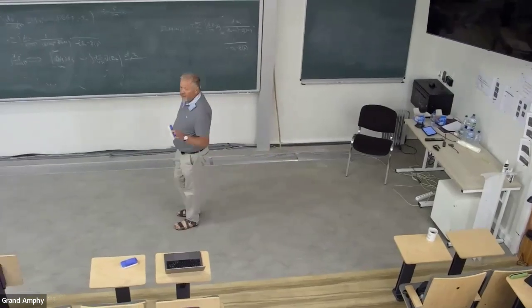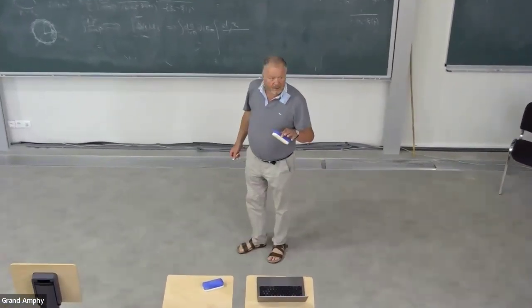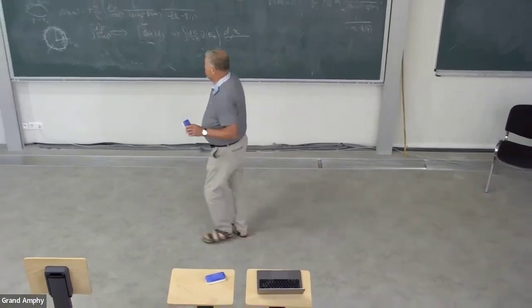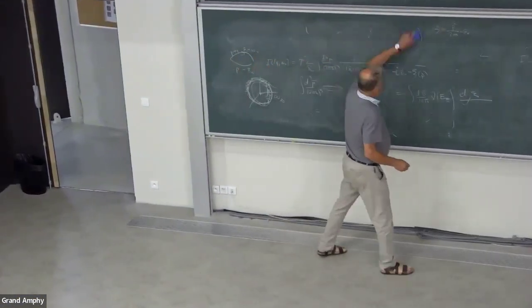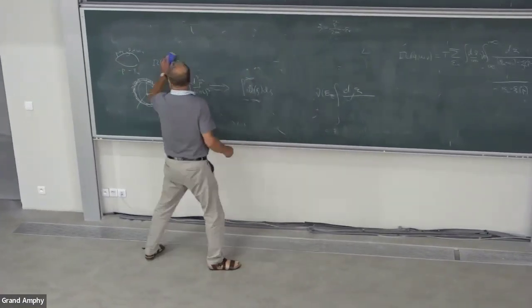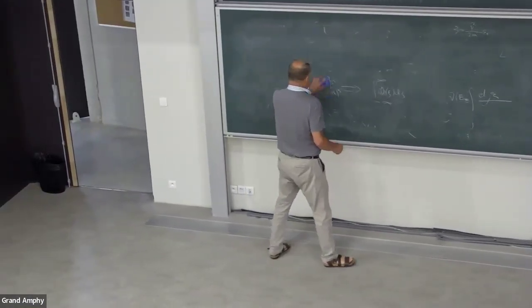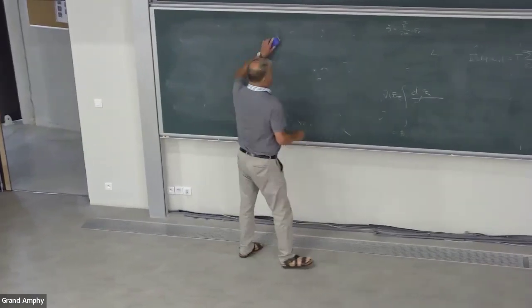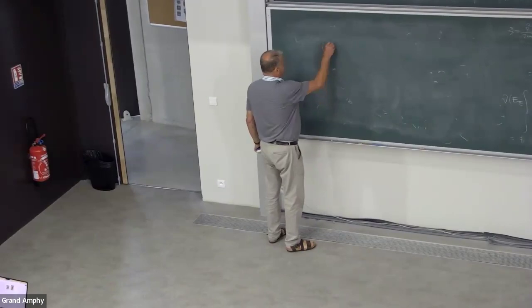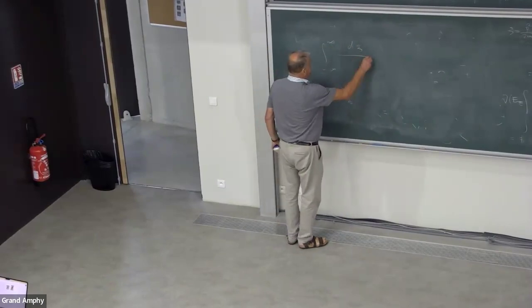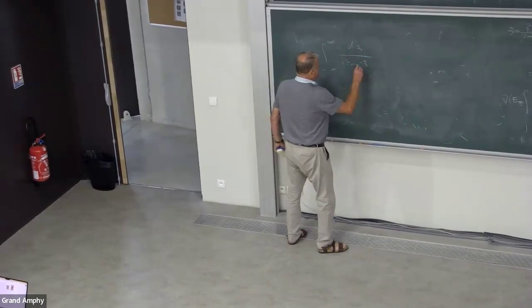Okay, so do you still follow me or are you already lost? Okay, so how to calculate the integral from minus infinity, d psi, 1 over i epsilon n plus omega nu minus psi.